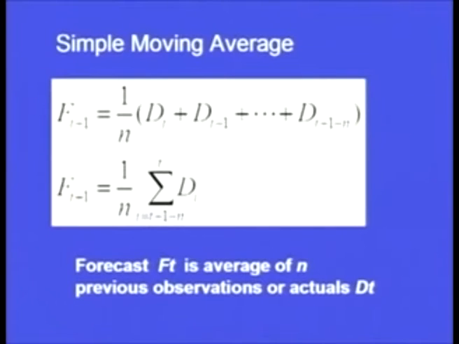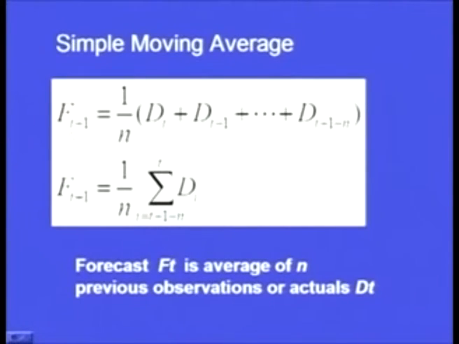Suppose we want to forecast for the 11th year and we are using a 3-year moving average principle, we will be making use of the data of the last 3 years only. On your screen you can see a simple expression. Suppose we want to forecast for the t plus 1th year.